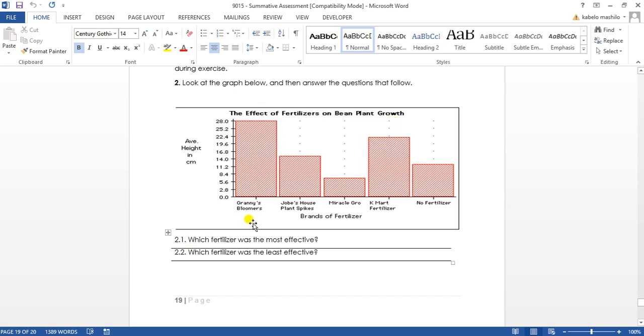We've got the Greenish Bloomers, the Jobe's house plant spikes, the Miracle-Gro, the Kmart fertilizer, and no fertilizer. So which was the most effective fertilizer? I think the most effective fertilizer is the Miracle-Gro, and the least, I think, is the Kmart. I don't know, guys. You do the summative. I think maybe you'll answer that better.